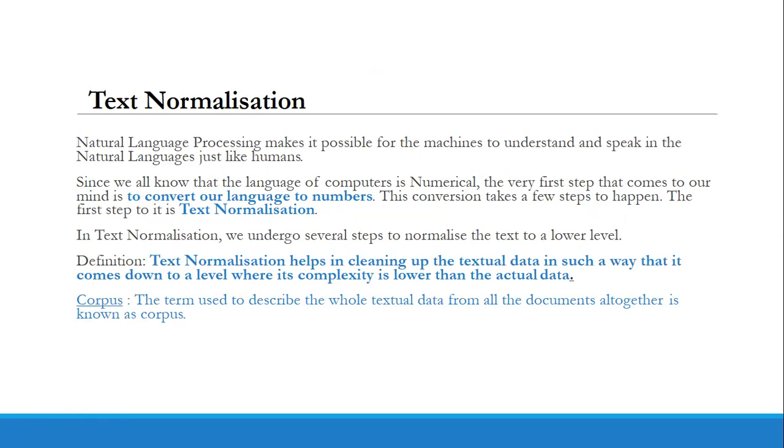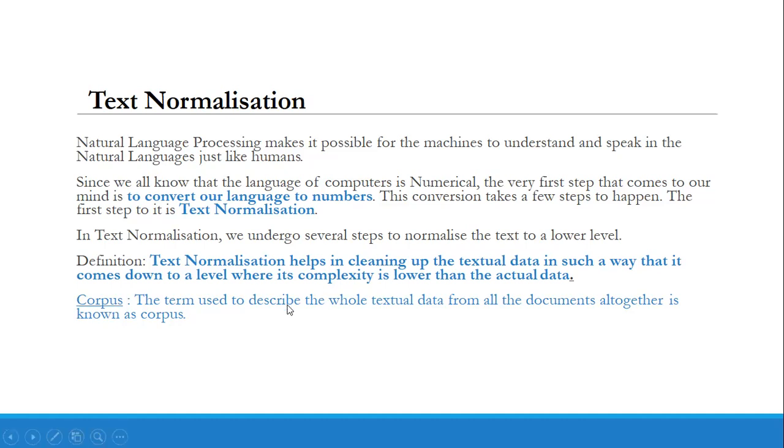Since we all know that the language of computers is numerical, only the computers will understand the language of the numbers. This conversion takes a few steps to happen. So, the first step that we come across before the language is converted into numbers is text normalization.